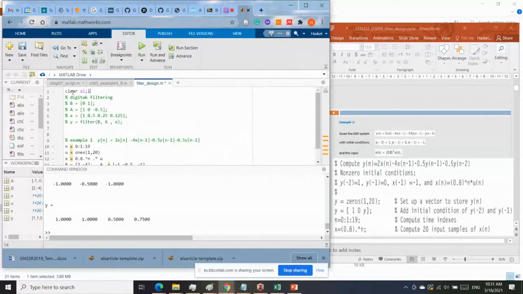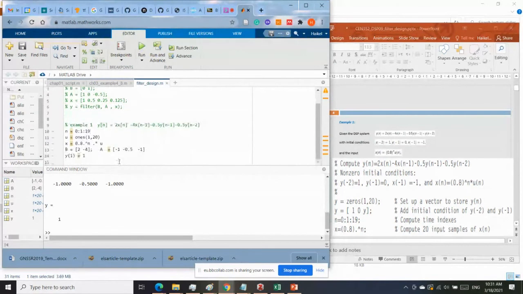He's still remembering the values of y. Fine. Y is equal to 1, yeah.